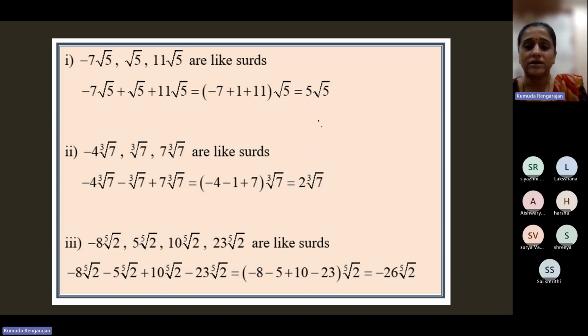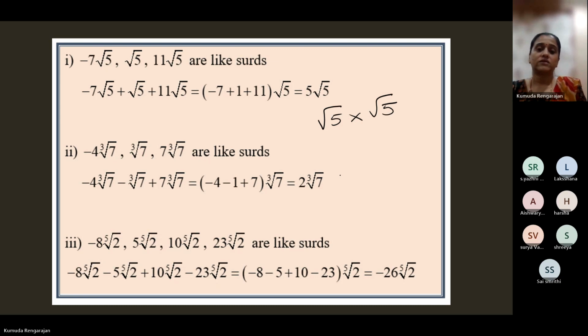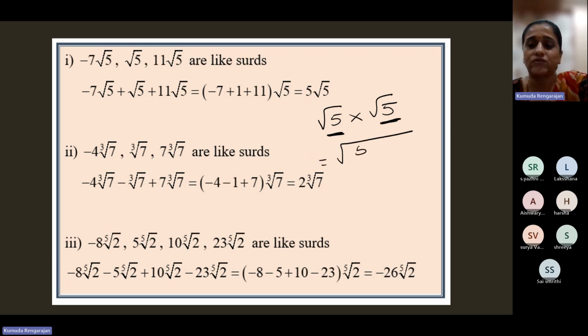Now let's take the product of this irrational and irrational. So square root of 5 into square root of 5. Square root of 5 is irrational. So square root of 5 into square root of 5 is equal to square root of 5 into 5.